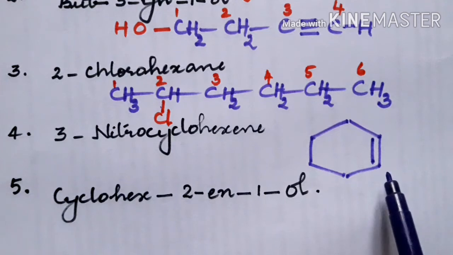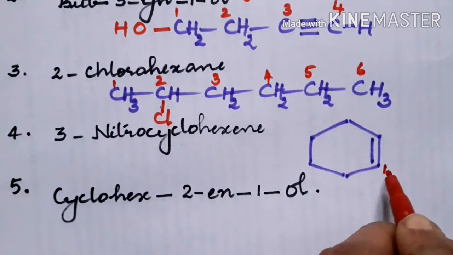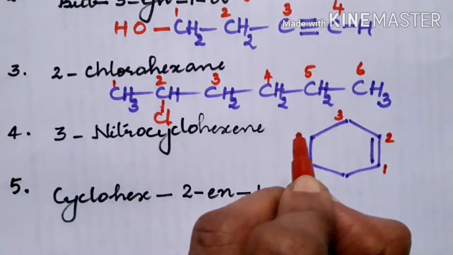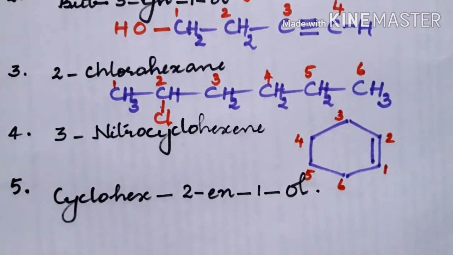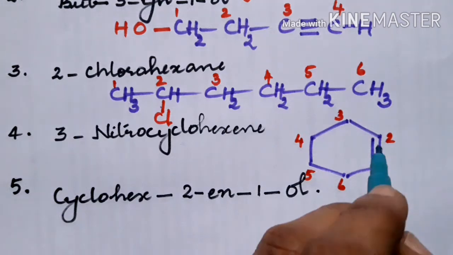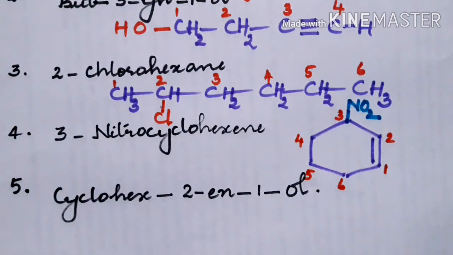If it is cyclohexene, the numbering should start from the double bond. So number should be 1, 2, 3, 4, 5, 6. And third position we have the nitro group. So the nitro group is attached on the third position. So this is the structure of 3-nitrocyclohexene.